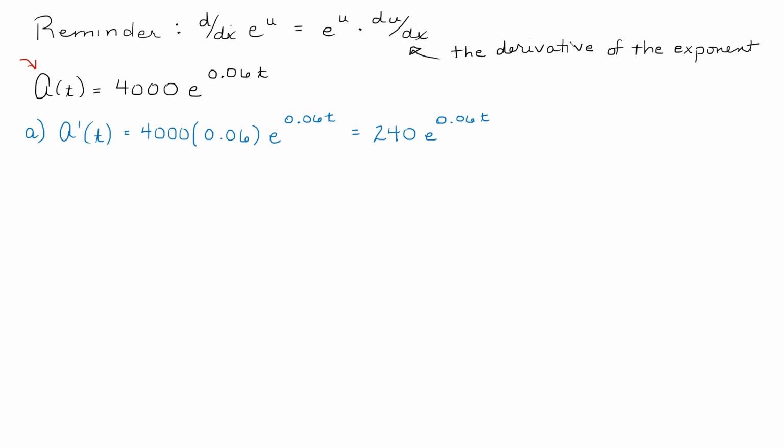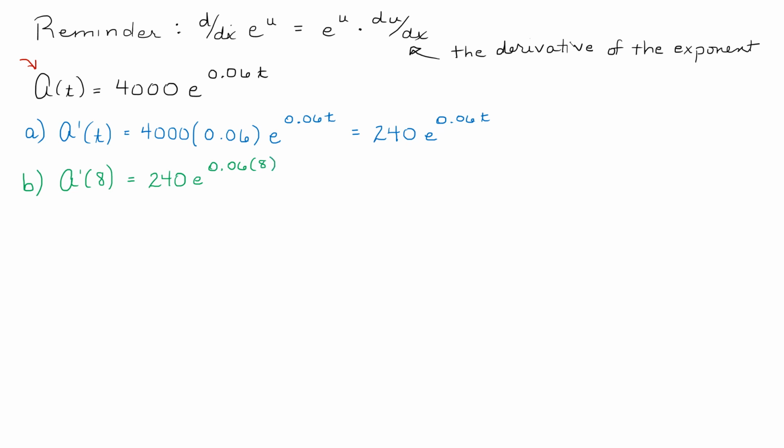For part B, they want us to use the derivative and replace t with 8. So we're going to have 240 times e to the 0.06 times 8.